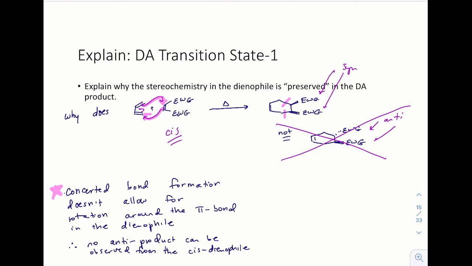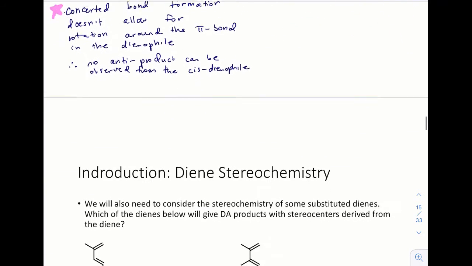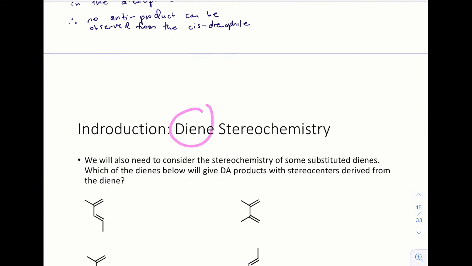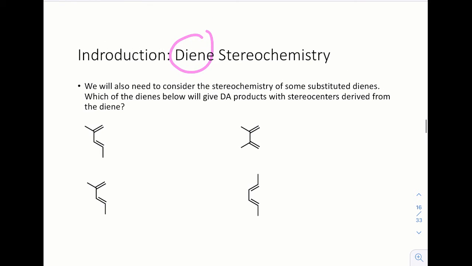Now that we have considered how the dienophile stereochemistry affects the stereochemistry of the product, let's move on to think about the diene. For some substituted dienes, stereocenters will result.